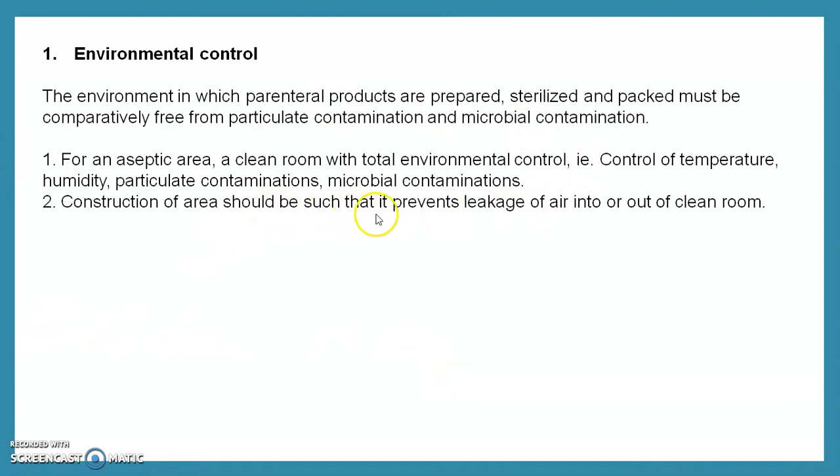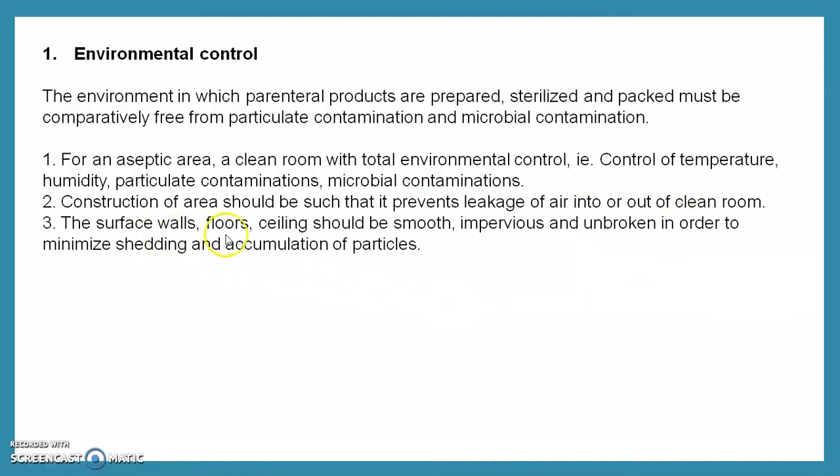Construction of an area should be such that it prevents the leakage of air into or out of the clean room. The surface of walls, floors, and ceiling should be smooth, impervious, and unbroken in order to minimize the shedding and accumulation of particles.